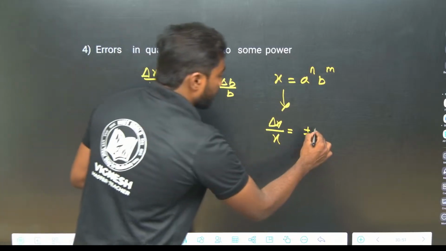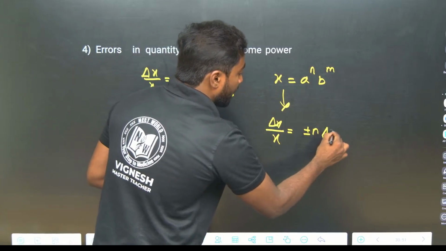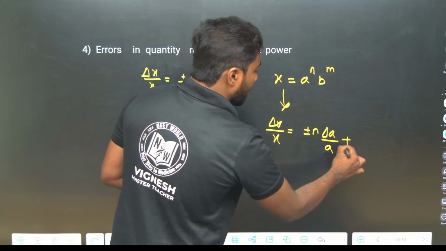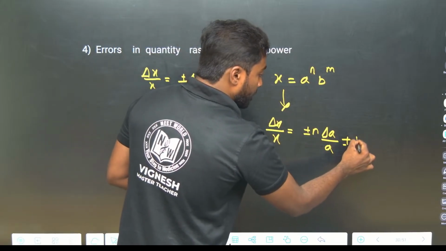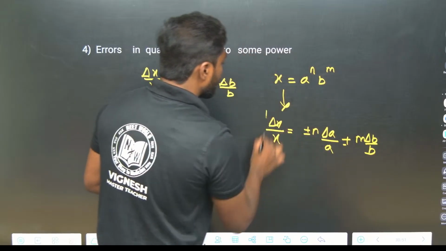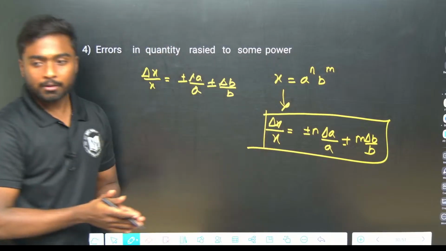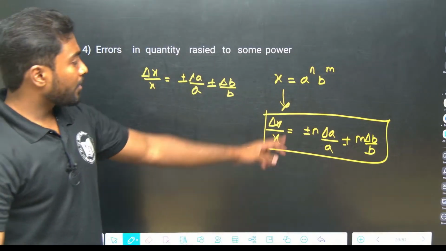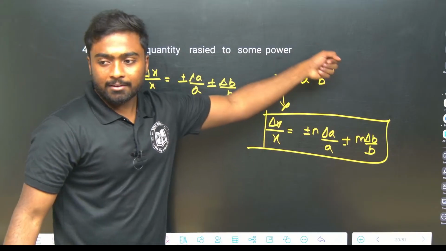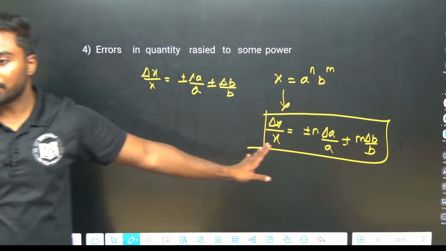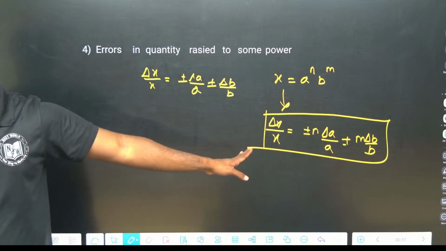So multiply n into delta a by a, plus or minus m into delta b by b. So this is my formula. Whether the power is plus or minus, take the power as it is and multiply the power there.